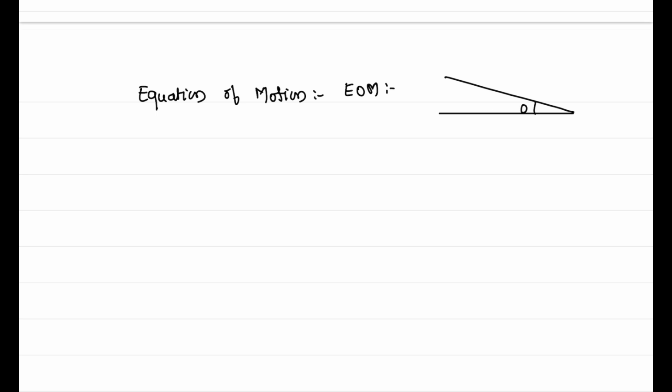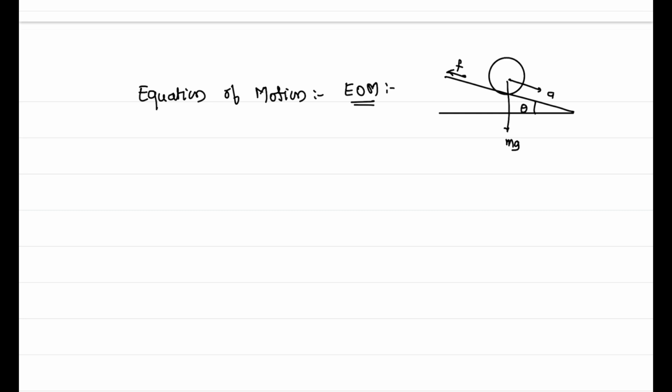where this is theta and a sphere is here on the top of the inclined plane, and it is moving with an acceleration a, and this is mg. There is a frictional resistance f here.